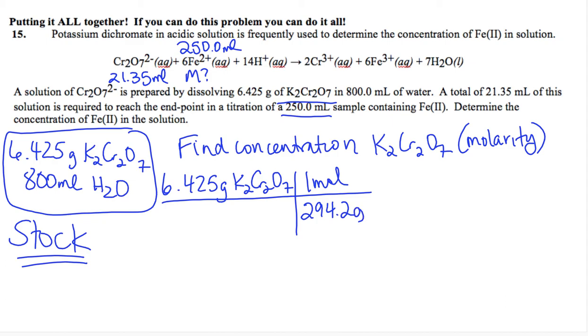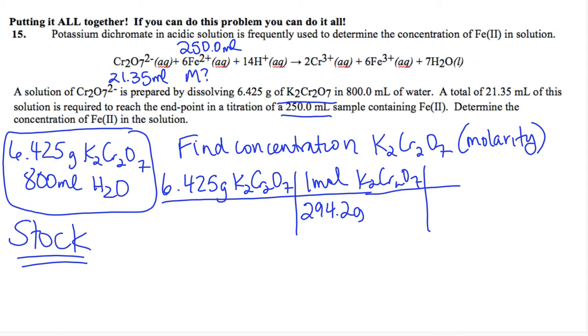All right. So now I have moles of K2Cr2O7. How do I convert moles to molarity? Are you sure I don't divide it by 21? No, don't do that, because we made 800 mL in a big volumetric, okay?